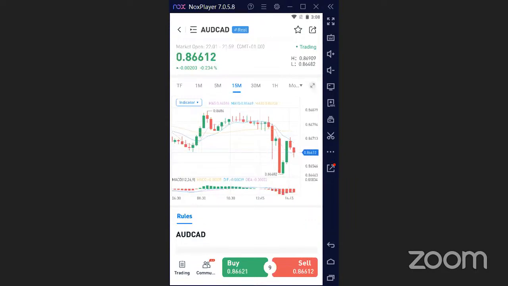So the stop loss now is, let me go back to my screen since I've said this. We have a new stop loss, guys. If you're not able to set yours, let me call out the new stop loss for you.